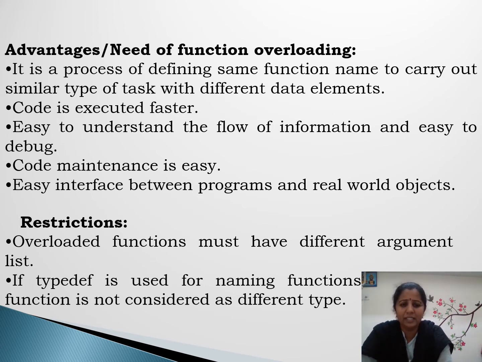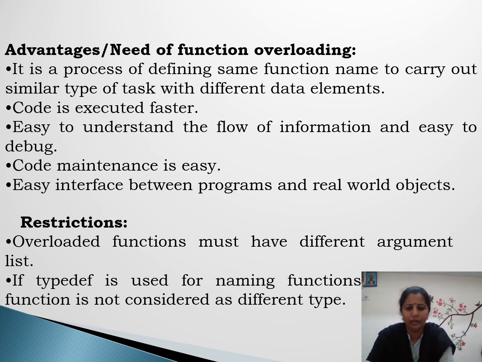To carry out similar tasks with different data elements, we need the function overloading concept. Using it, code is executed faster, the flow of information is easy to understand, it is easy to debug, code maintenance is easy, and it is easy to interface between programs and real world objects.